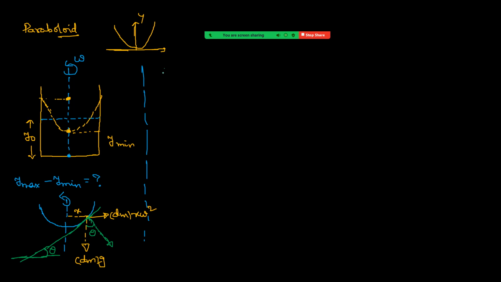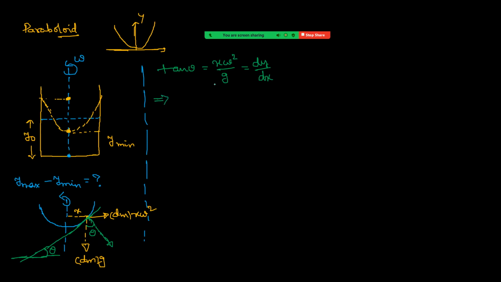Then tan theta is equal to opposite by adjacent, that is dm into x omega square by dm into g. That is x omega square upon g, because dm gets cancelled, and that is equal to dy by dx, because this is the angle made by the tangent with the horizontal. That's why it is equal to dy by dx.